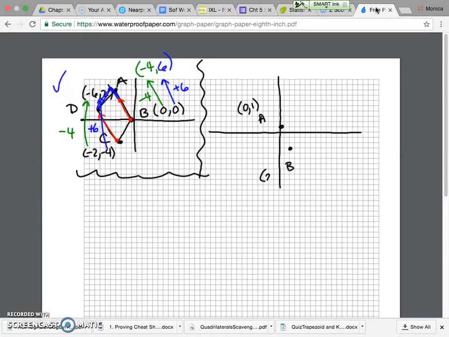That's B. C is at -4, -6. And D is at -6, -2. And so this is my rectangle.